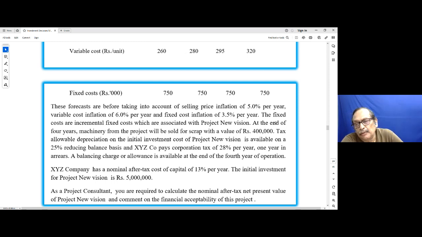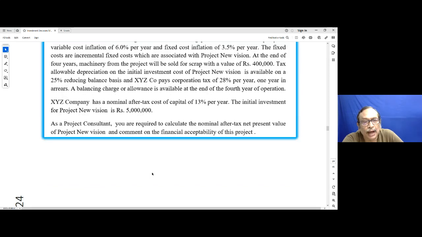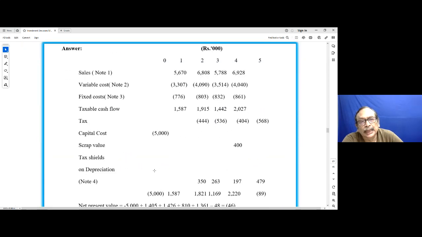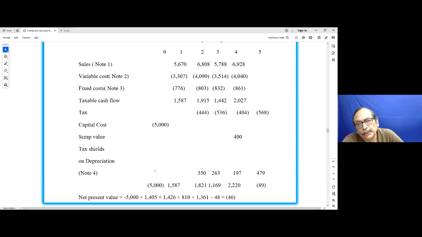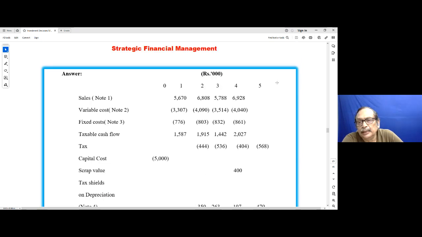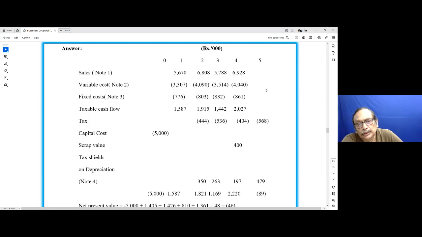Then we are required to accommodate this inflation factor, and we calculate the revised sales, then revised variable cost, fixed cost, and then the taxable cash flow. Then we have tax shield, and income tax is to be paid 1 year in arrears. So that's why we have made a 5th year also, and we have jotted down the tax from year 2nd, 3rd, 4th and 5th.